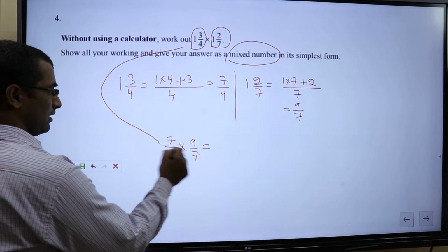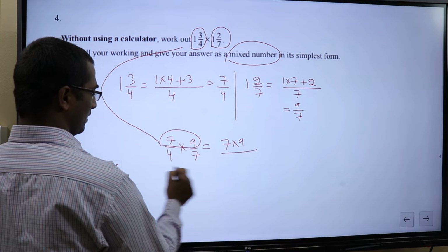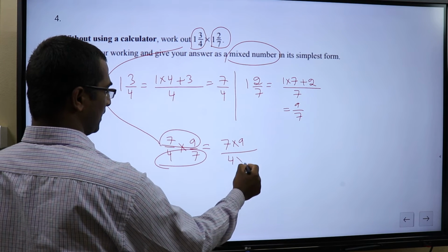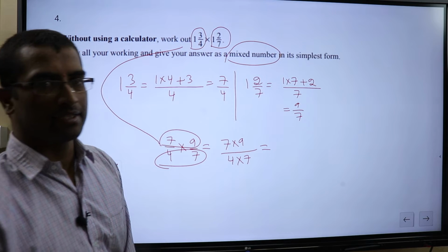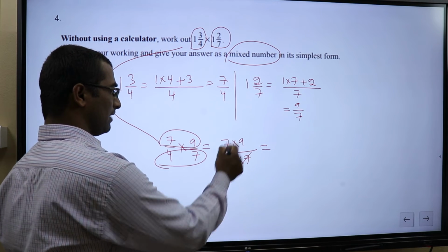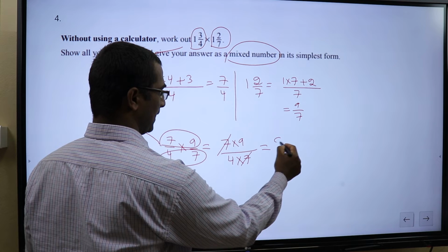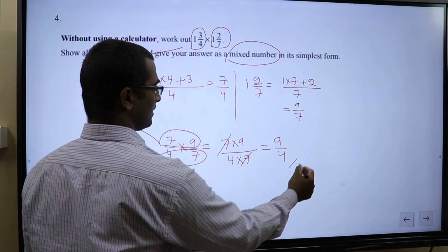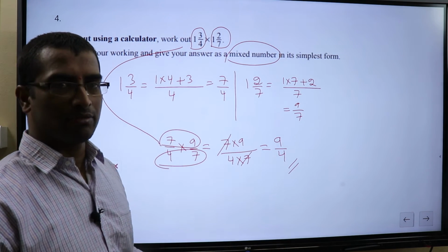Okay, these two multiply and keep it here. These two multiply and keep it here. Directly don't multiply. Now see whether anything gets cancelled. 7 and 7 get cancelled, 9 and 4 I cannot cancel, so those will remain. This is our answer. Furthermore, it should be converted into a mixed fraction.